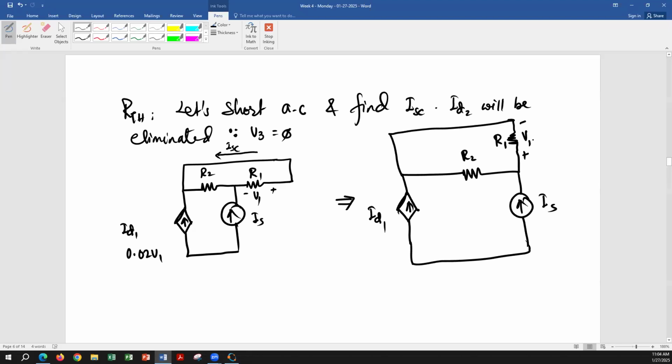So the voltage V1 is basically the voltage across R1 and R2 because both of them now appear to be in parallel between the two nodes, this node and this node A. Both are connected between node A and node.